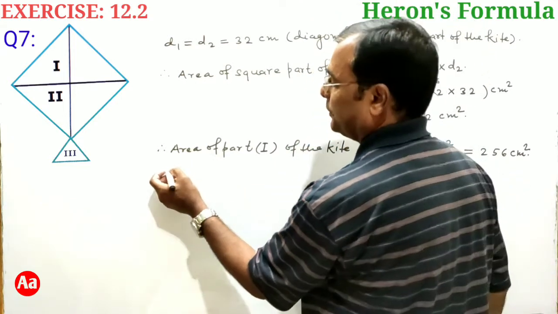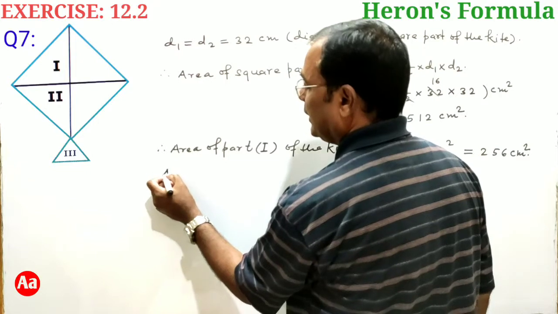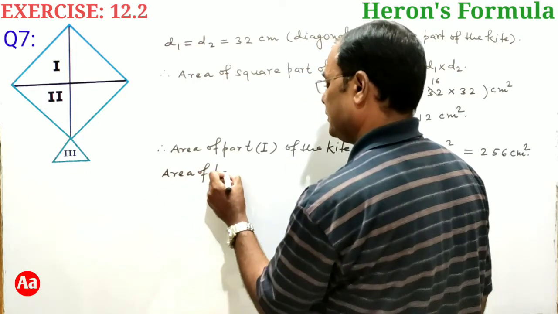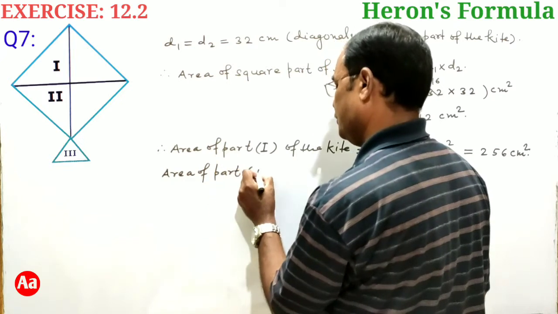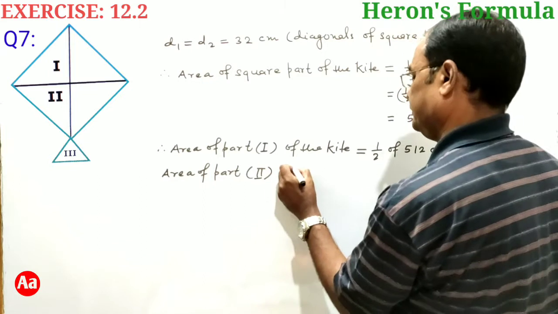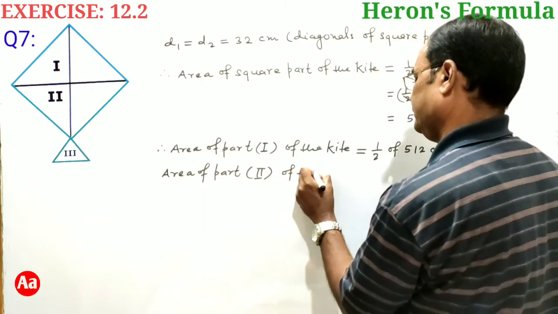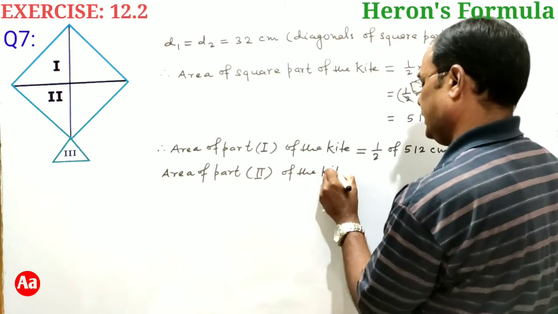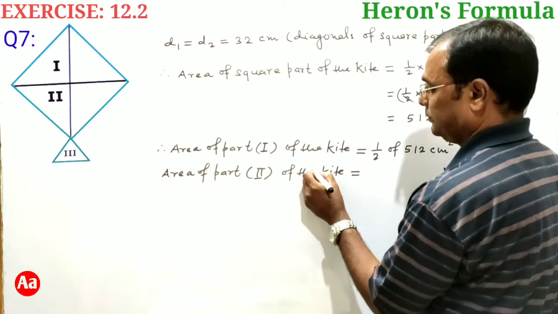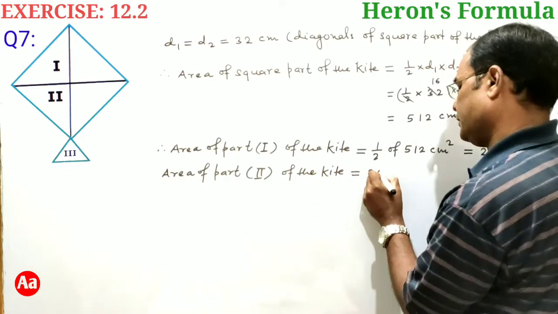So therefore, area of part 2, I mean second part of the kite, is equal to, directly we can write, 256 centimeter square.